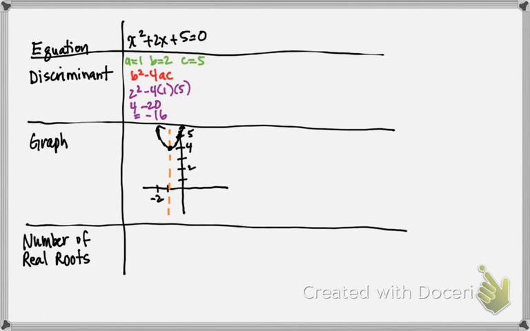So how many real roots are we going to get? We're going to get 0. We noticed that the discriminant was negative. Okay, and so we have no real solutions.